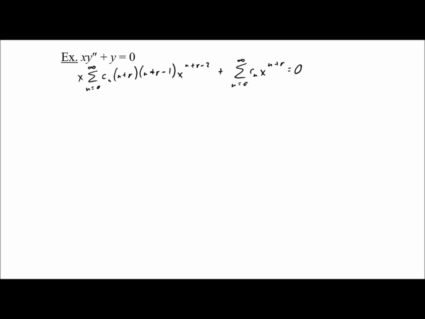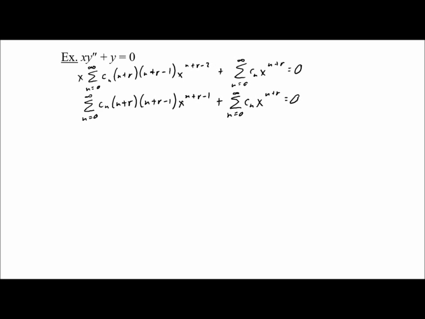Okay, using the same infinite series that we used on the earlier example. Bring in the x, so this becomes the sum n equals 0 to infinity of Cn times n plus r, n plus r minus 1, x to the n plus r minus 1, plus the sum n equals 0 to infinity of Cn x to the n plus r equals 0.